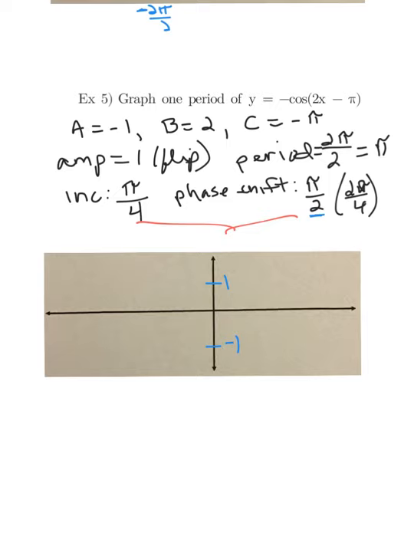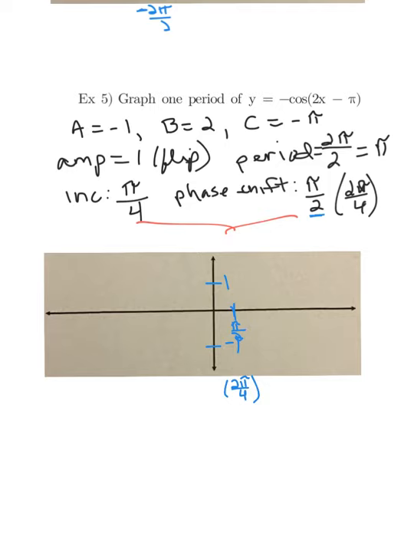What that means is, instead of starting at 0, we are going to start at pi over 2. Now, remember, that's the same thing as 2 pi over 4. And to find our remaining labels, we need to add pi over 4s.